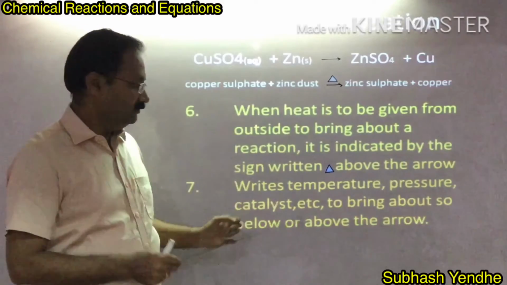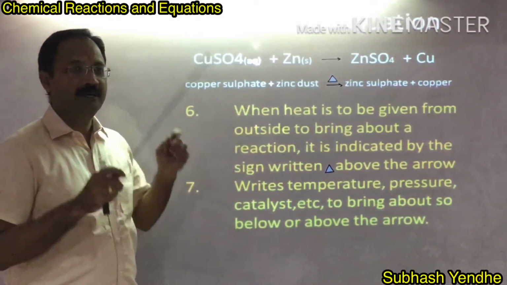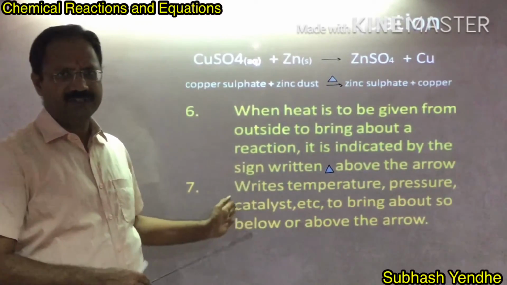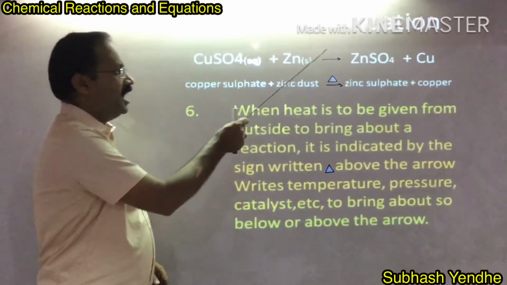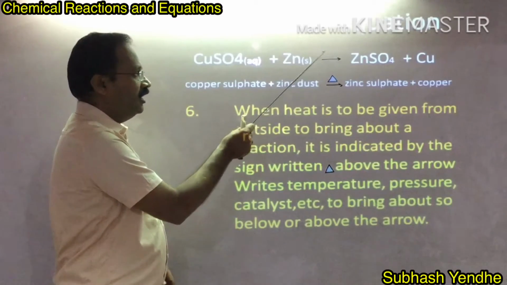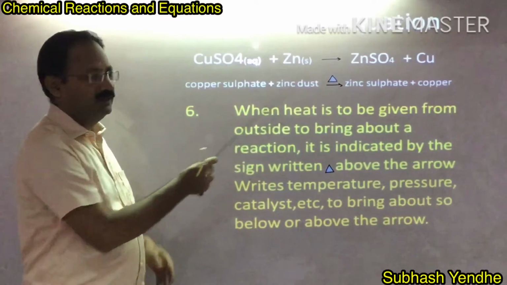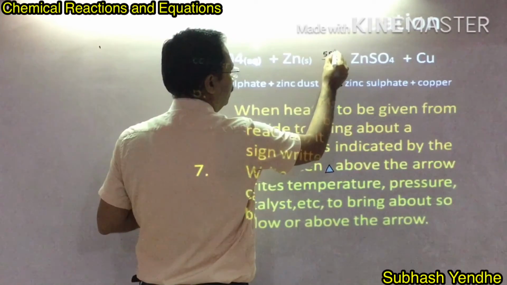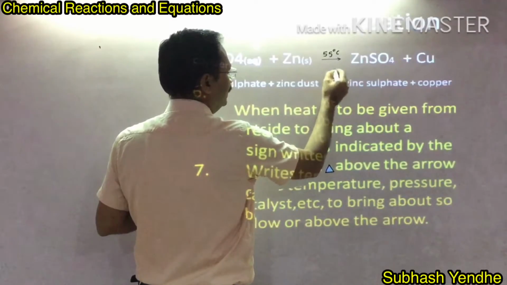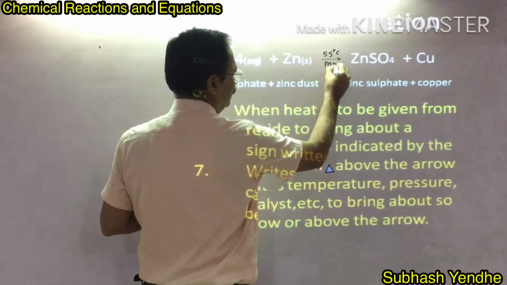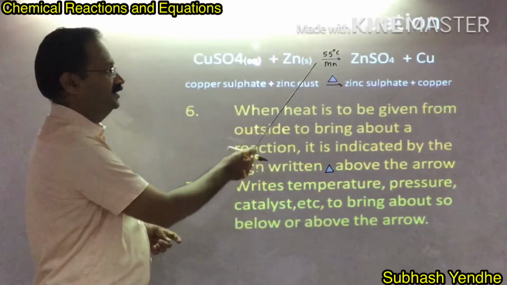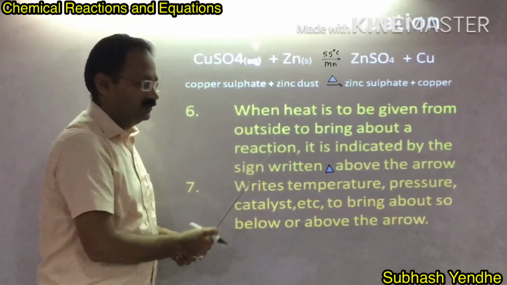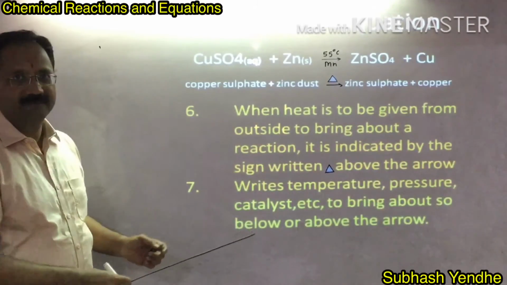If you are given the temperature, pressure, catalyst and so on, then you have to write it above or below the arrow. For example, if you want to write the temperature, you write 55 degrees Celsius and the catalyst is manganese. You can write the catalyst here and the temperature here. This is point number 7.